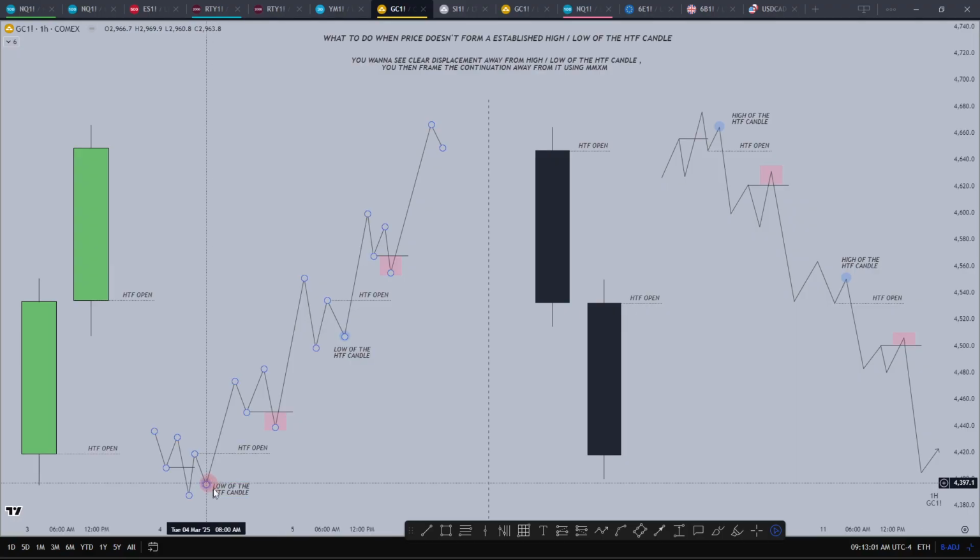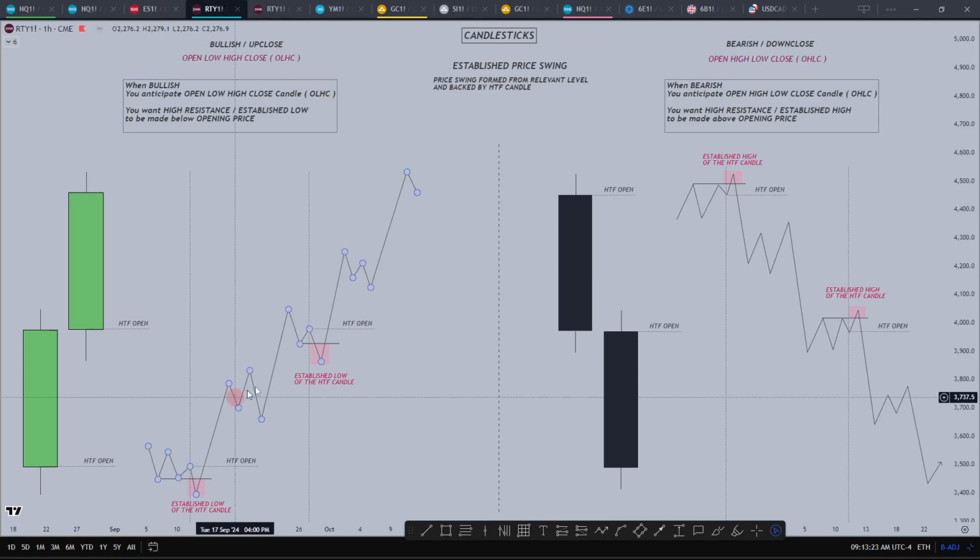This blue mark low is the high here and low here of the high time frame candle. This high time frame candle doesn't form an established low, doesn't look like an established low, but how can you still frame it? You wanna see clear displacement away from it. How were we framing it here?